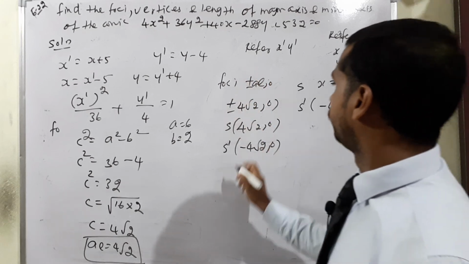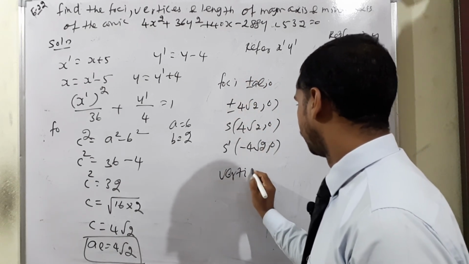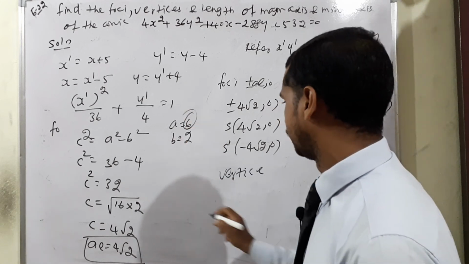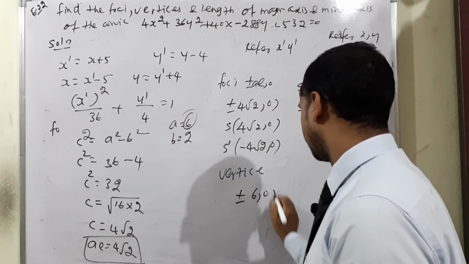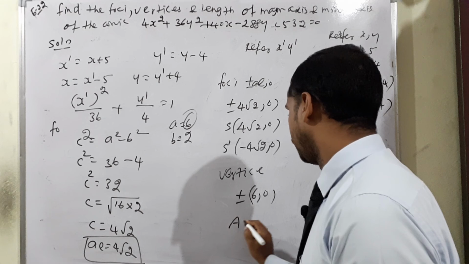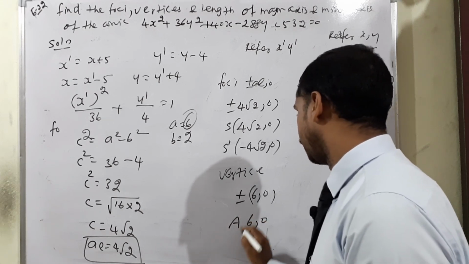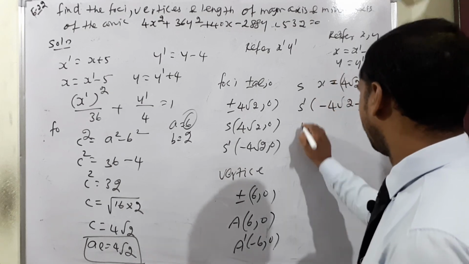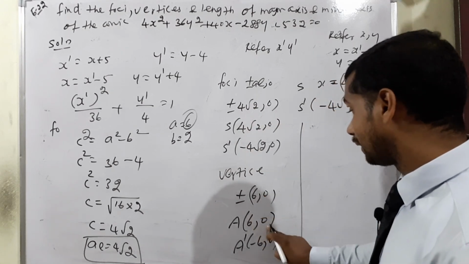Next we need the vertices. Vertices means a comma 0, where a is equal to 6, so plus or minus 6 comma 0. A means positive 6 comma 0, and A dash means negative 6 comma 0. This is x dash and y dash.